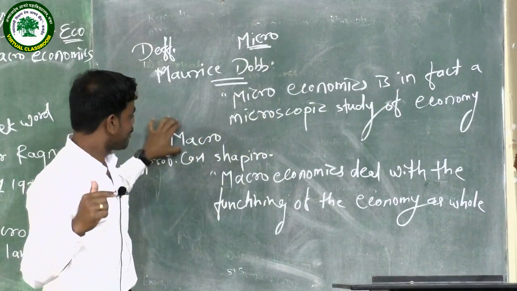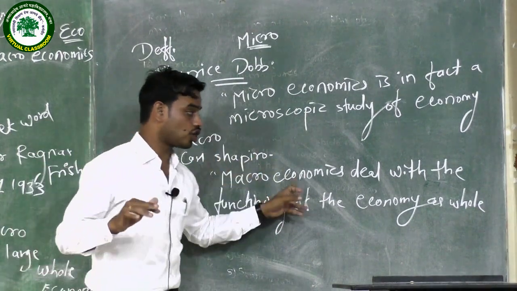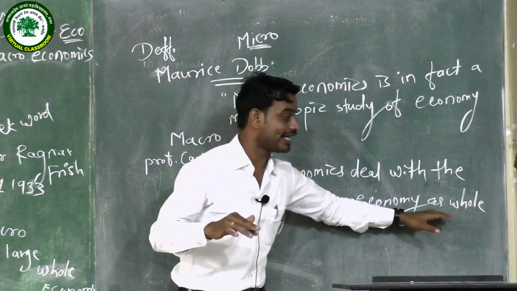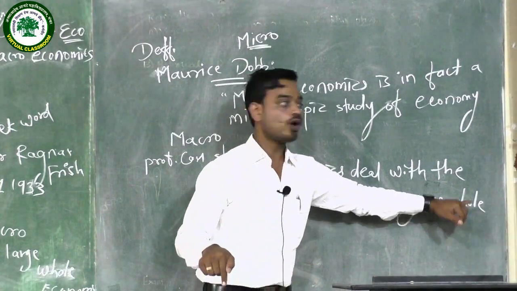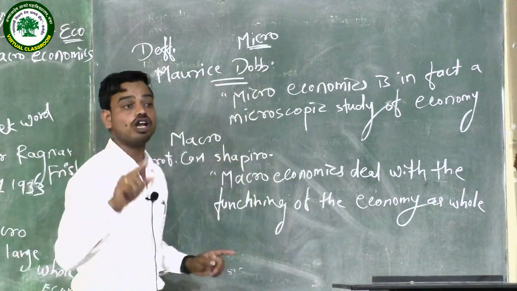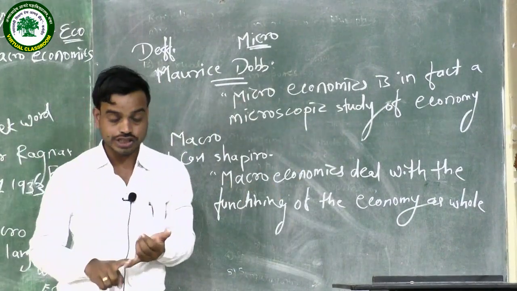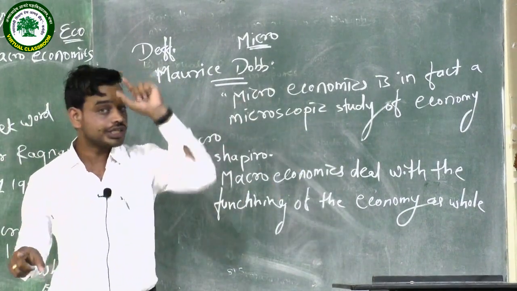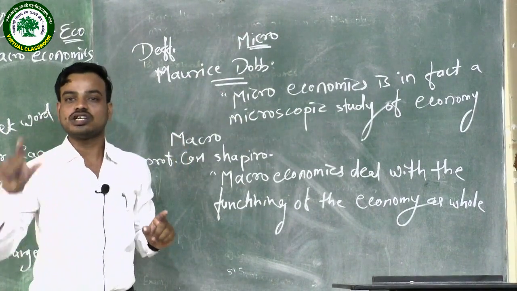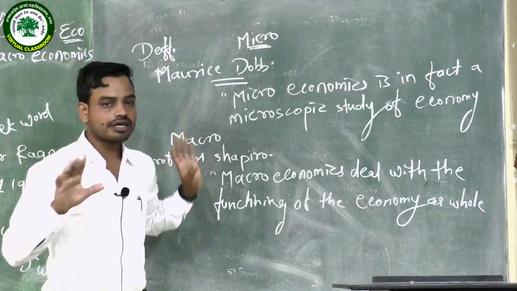Don't forget that point. Whole means entire economy, whole means total economy, whole means total employment. If we think about the individual unit, it is involved in microeconomics, and the country's total investment, total saving are involved in macroeconomics.